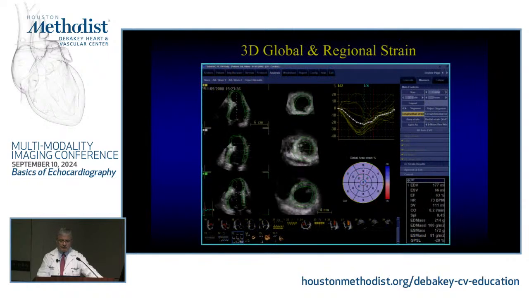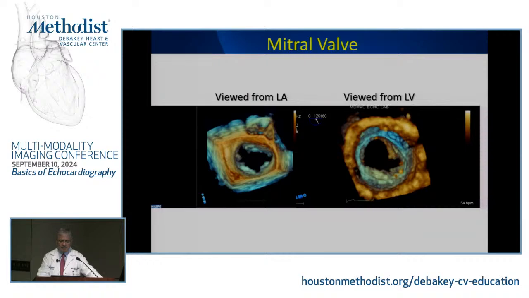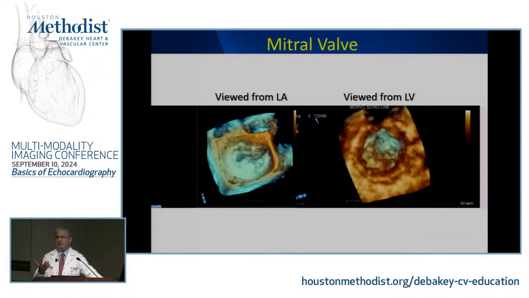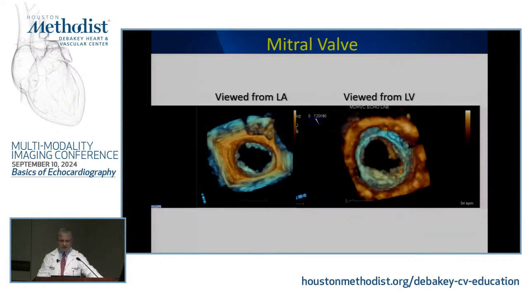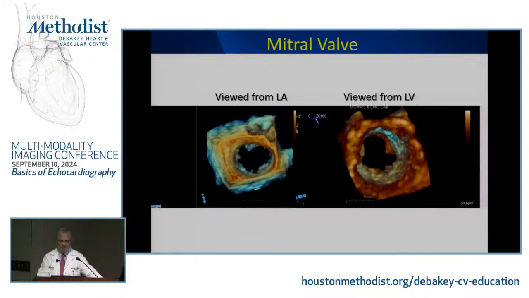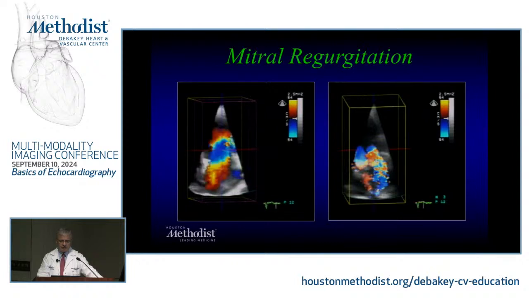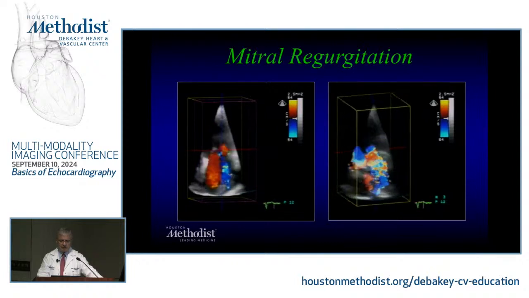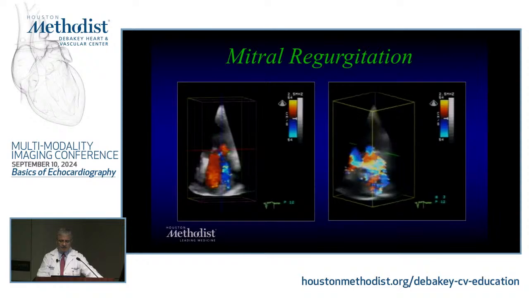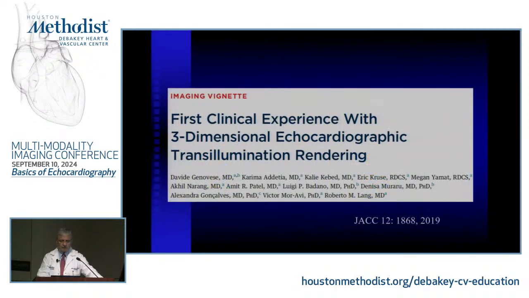You could also do regional strain in 3D, and the best views from 3D are probably from transesophageal echo, particularly for valvular structure and interventions, et cetera. So really, it has evolved so much over time.